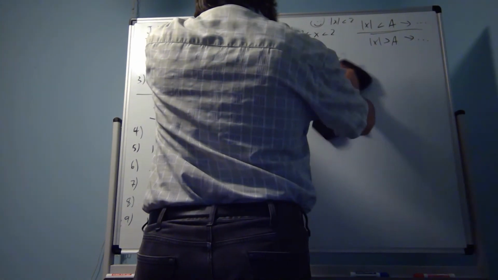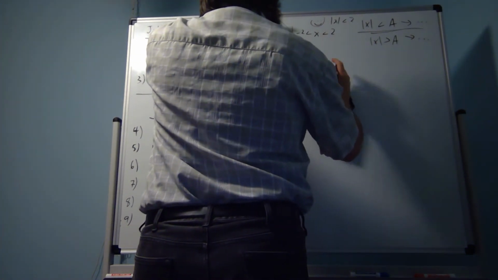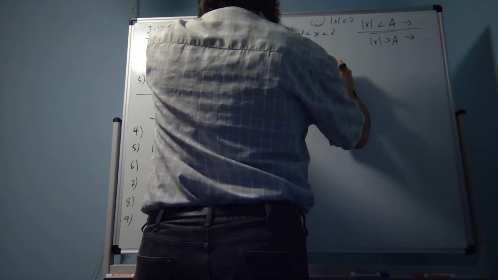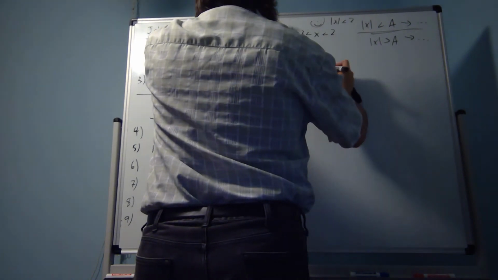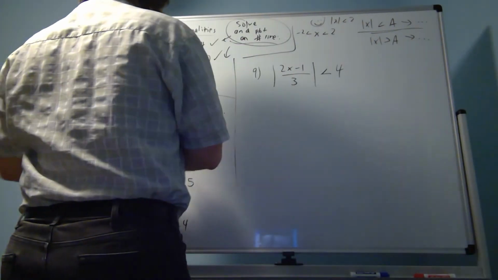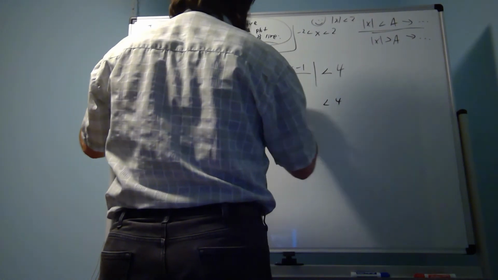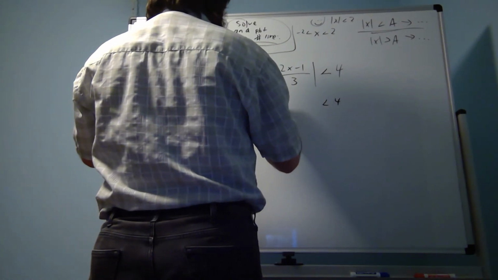I do have an absolute value of something is less than 4, so whatever's inside the absolute value, I either set it, depending on whether it's less than or greater than, then it's just two inequalities that are either true separately or simultaneously.